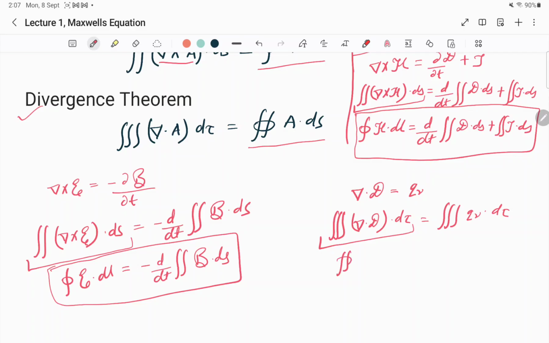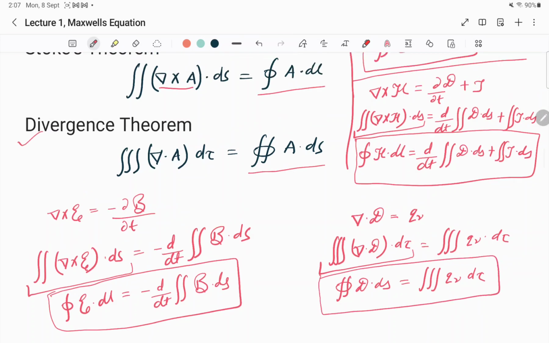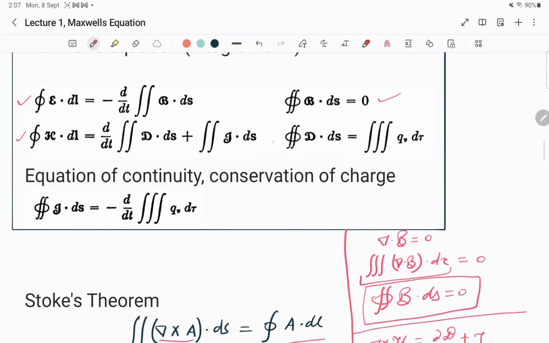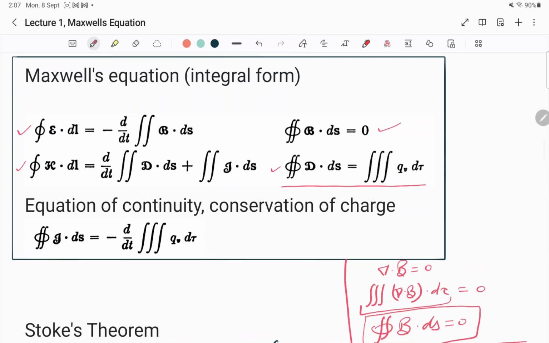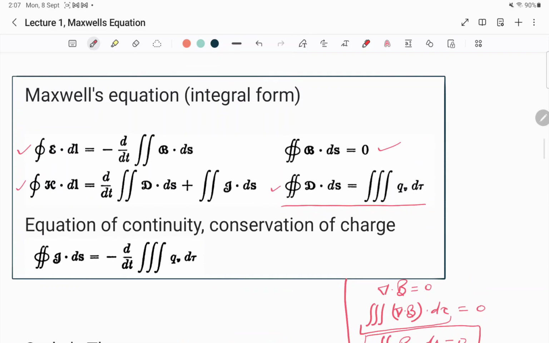You will get closed surface integration of D dot ds is equal to triple volume integration of QV d tau. This is written over here. Okay, so this is how the Maxwell's equation in integral form is written.